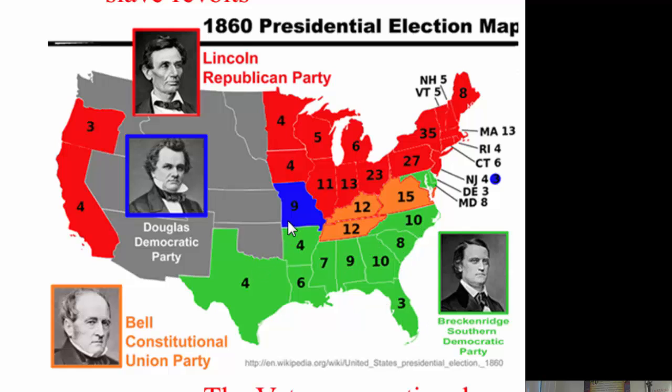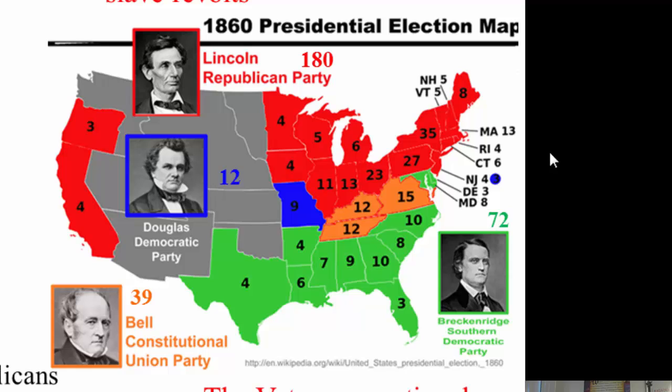Stephen A. Douglas took Missouri and part of New Jersey, and Bell took his home state of Tennessee, Kentucky, and Virginia. So Lincoln ended up winning the election 180 to 72 to 39 to 12.